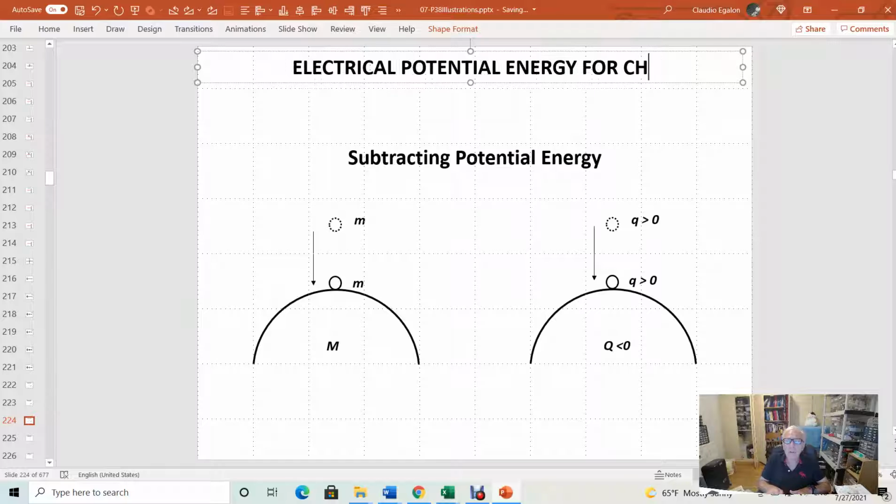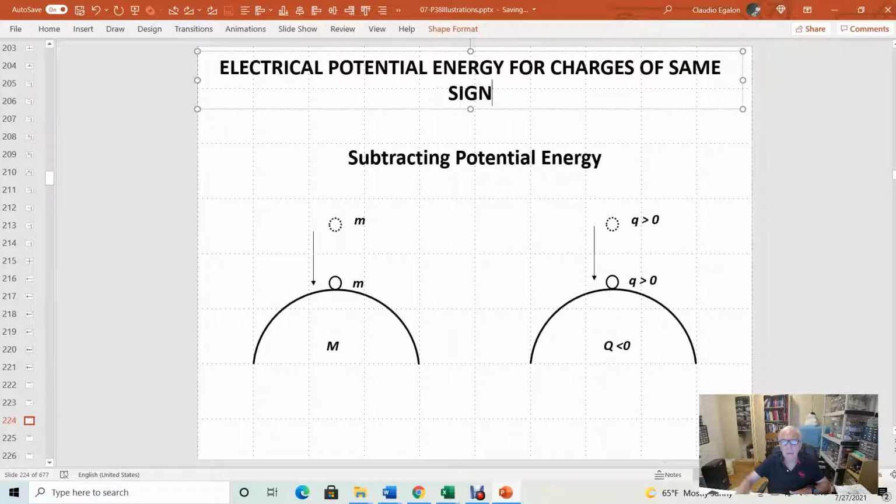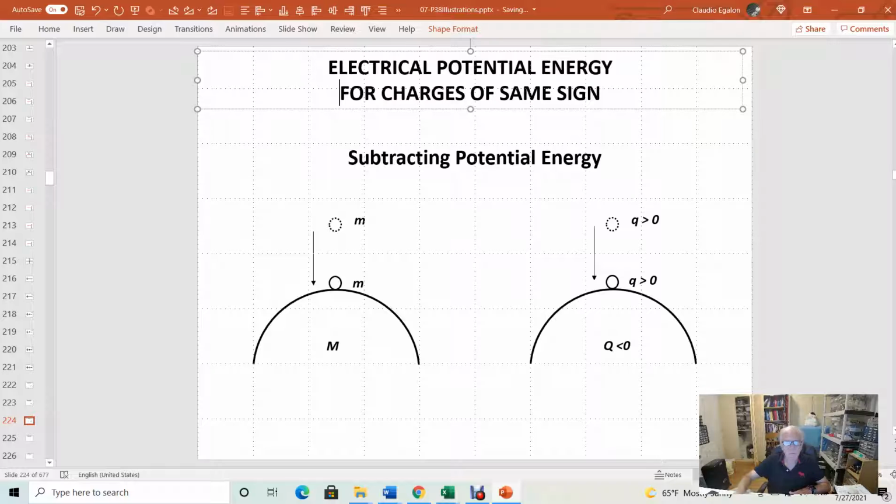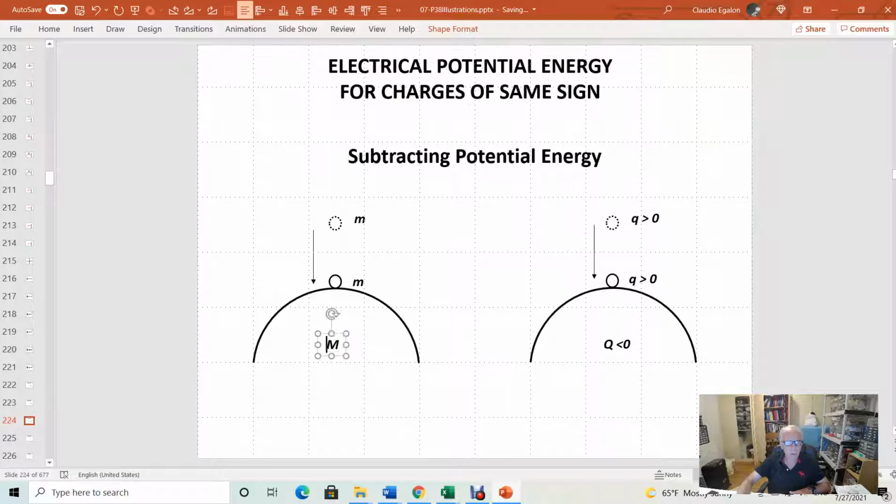We do not have this for masses. So I'm going to do the following. Q greater than 0 and lower q greater than 0.